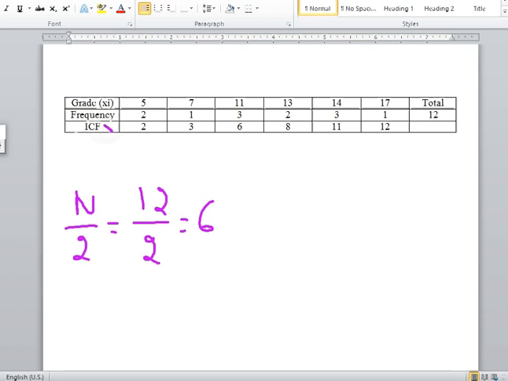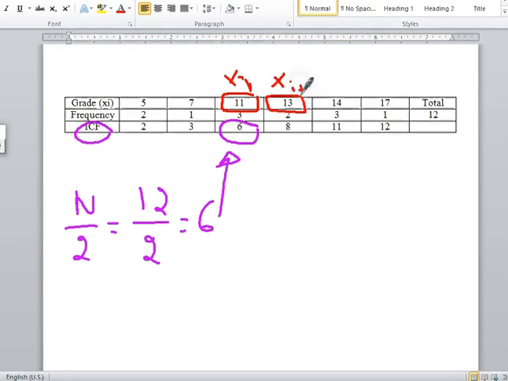Now you look at your increasing cumulative frequency, so 6 lies here, it is exactly equal to 6. So it is equal to one of the increasing cumulative frequencies. What you have to do is look at its corresponding xi, it corresponds to xi equals 11, and this is xi. Xi plus 1 is the value next to it.